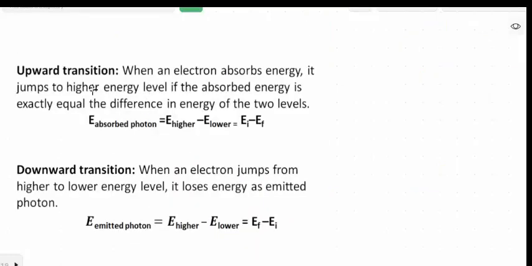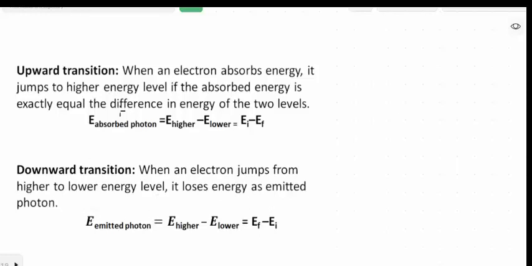So, as we see, we have upward transition: when an electron absorbs energy, it jumps to a higher energy level, if the absorbed energy is exactly equal to the difference in energy of the two levels, as you see here. And downward transition: when an electron jumps from a higher to a lower energy level, it loses energy as an emitted photon.